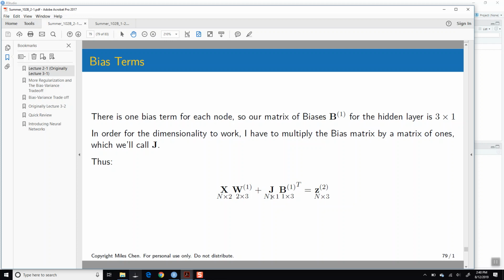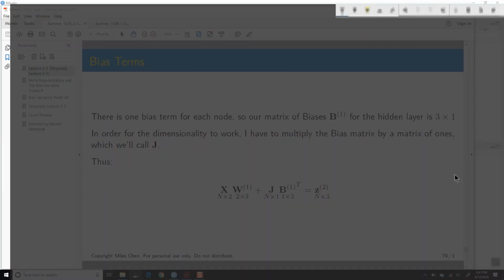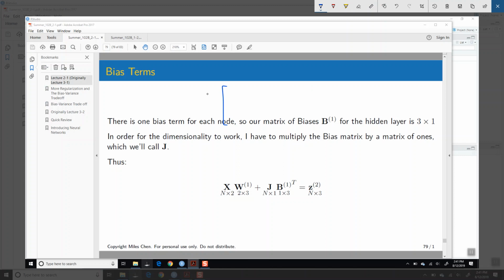The bias is 3 by 1, but I'm going to transpose it, so it's 1 by 3. So if you think of B1 as equal to B1, B2, B3, when I transpose it, it's going to be B1, B2, B3, and I'm going to multiply it by this, okay?